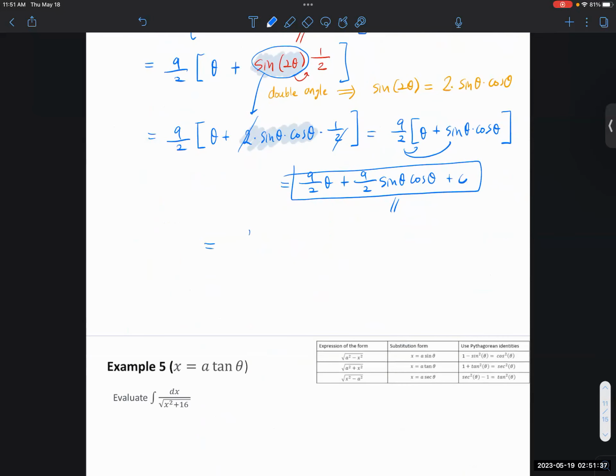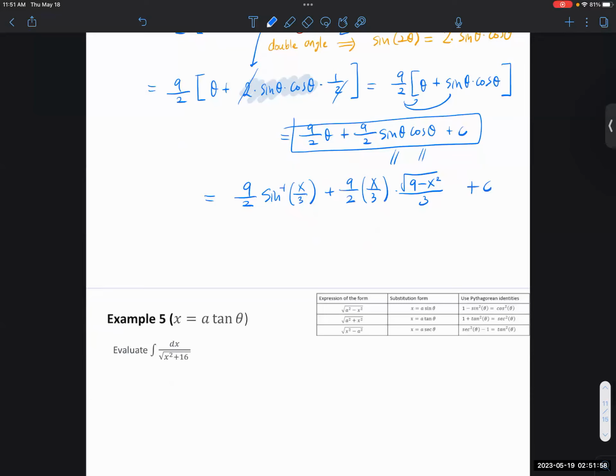So therefore, 9/2, we know theta was sine inverse x/3. And 9/2, we know sine theta was x/3. And then cosine theta, we just evaluated, radical 9 minus x squared over 3, plus C. So simplify all the constants. 9, 3, 3, they're going to be canceled. So 9/2 sine inverse x/3.